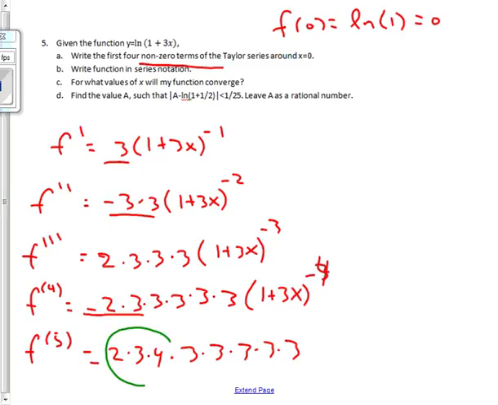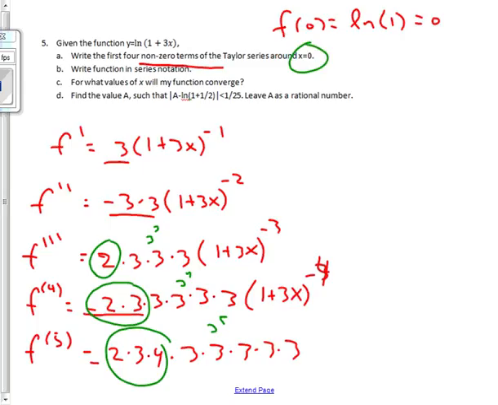Notice here 4 factorial, 3 factorial, 2 factorial, 3 to the 3, 3 to the 4, 3 to the 5. Okay, so these are the derivatives, but we want to find these derivatives at 0.